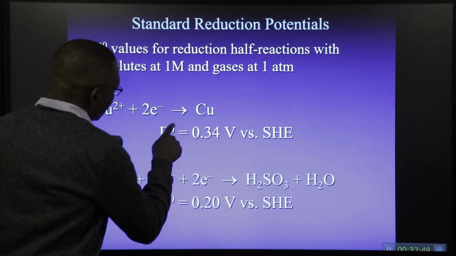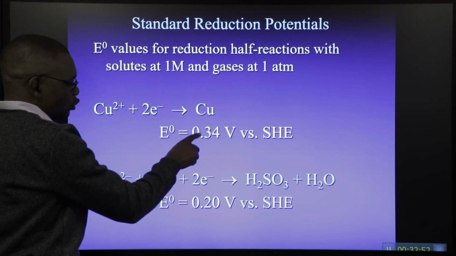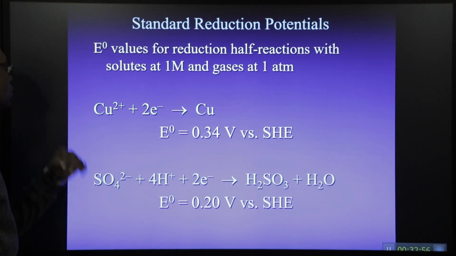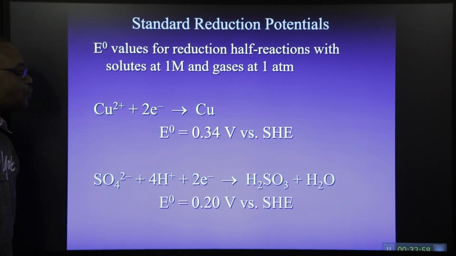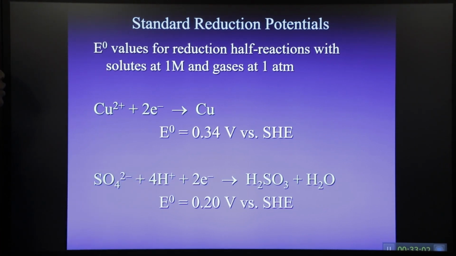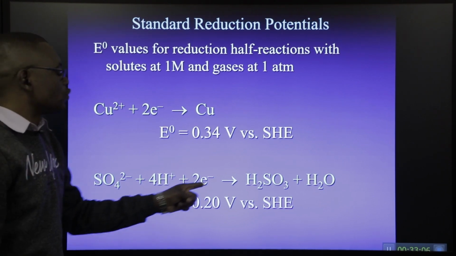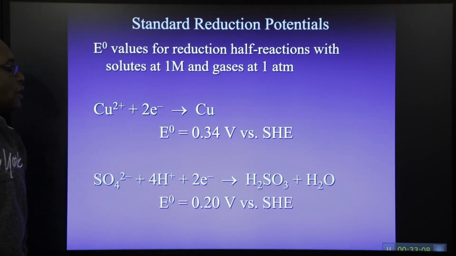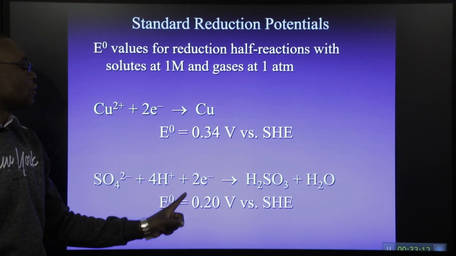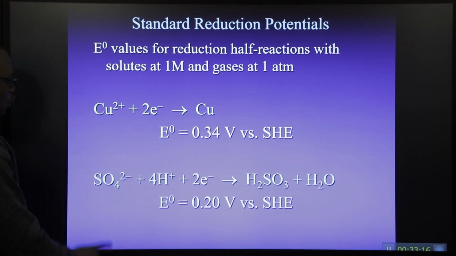And the standard reduction potential is positive 0.34 volts versus the standard hydrogen electrode, just like the one which we showed earlier on. While the sulfate will react with 4H plus and 2 electrons to give us sulfurous acid and the water molecule, with the standard electrode potential of 0.2 versus the standard hydrogen electrode.